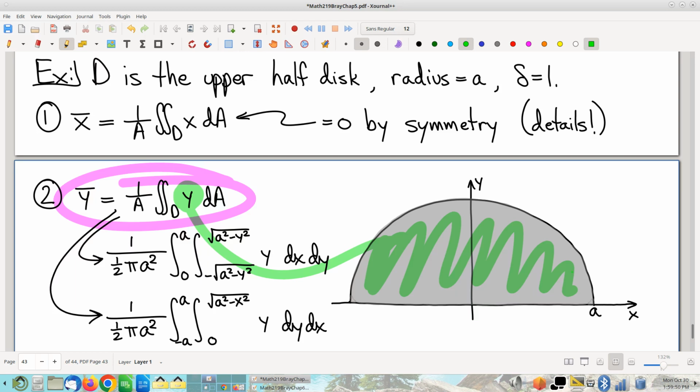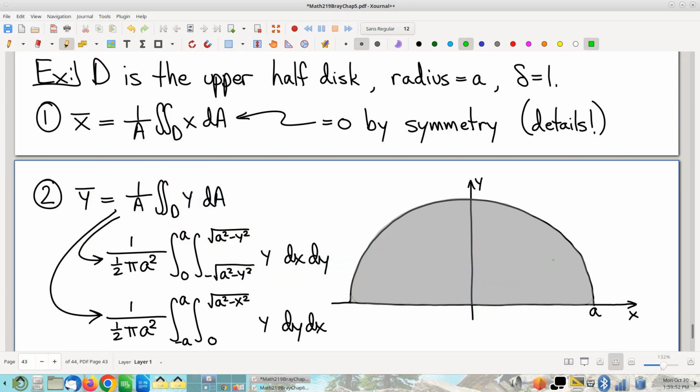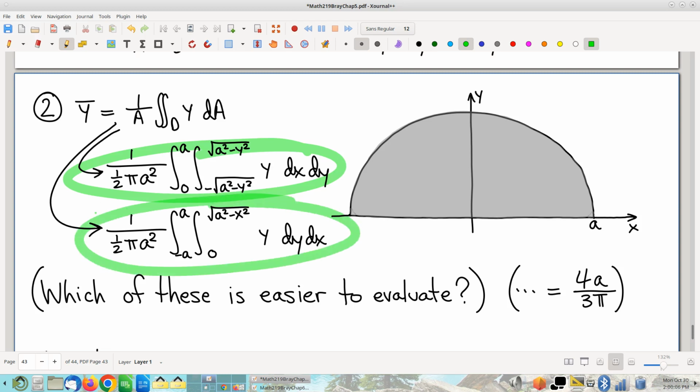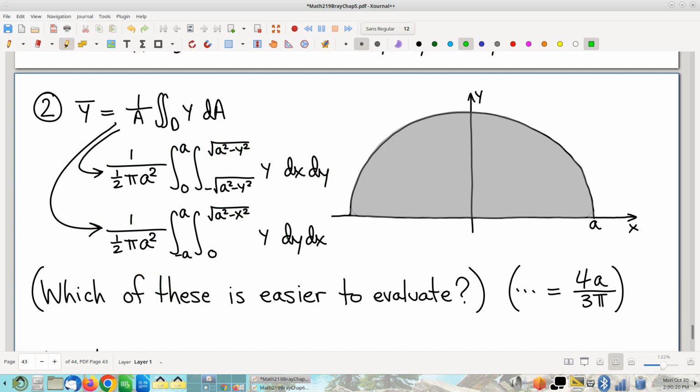So how are we going to actually crank that out? Well, you've got a bunch of options, and by the way, polar coordinates would seem to be a pretty good choice here. Might want to think about doing this calculation in polar. I like showing the students these two options here just because it gives me an excuse to talk about a particular sort of strategizing that I think is really useful sometimes when you're looking at these two possibilities and trying to decide which of these you should do.